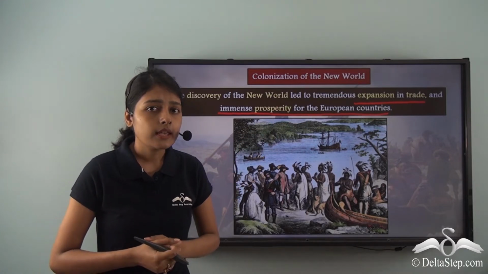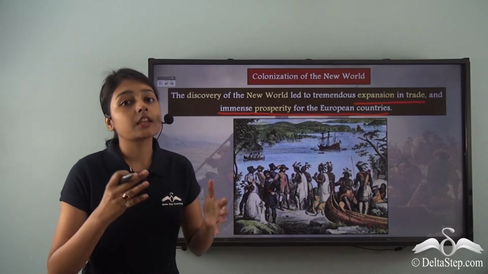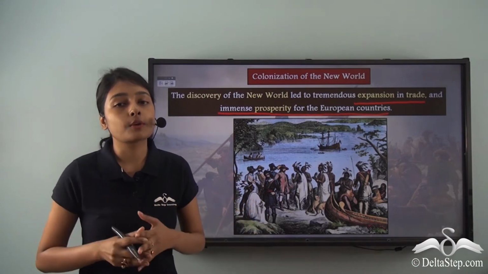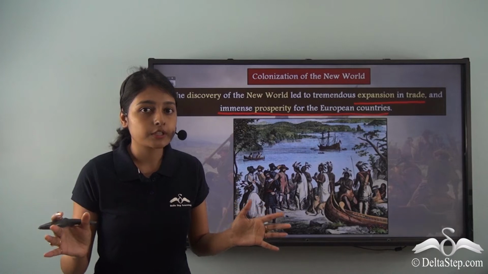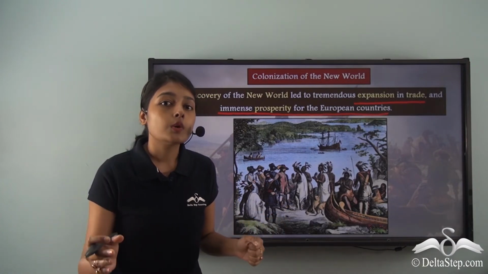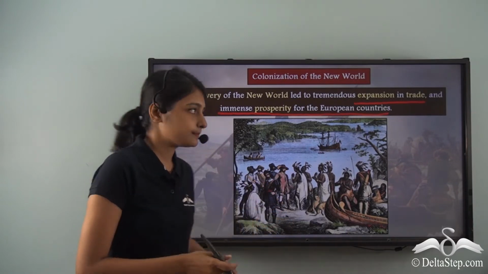Do you know why? It is because they realized that if they got to settle in these lands, they would be able to extort maximum profits and huge resources from the New World. This implied immense economic prosperity for the European nations, and this is the reason why the New World was extremely lucrative for the European countries.